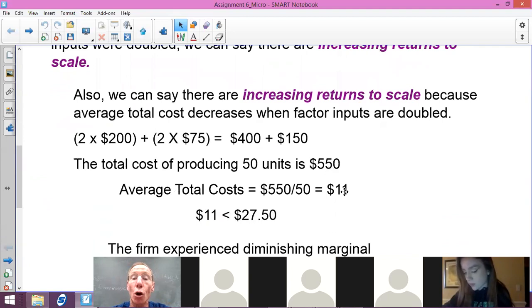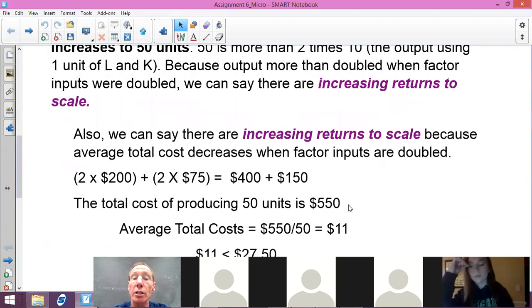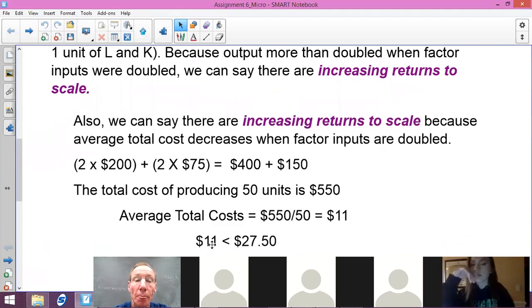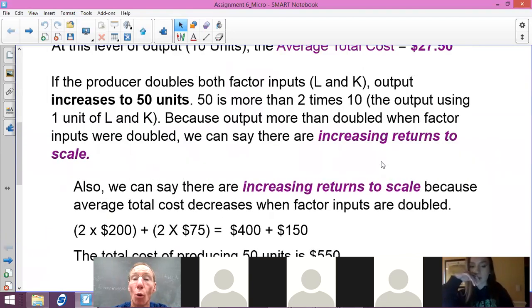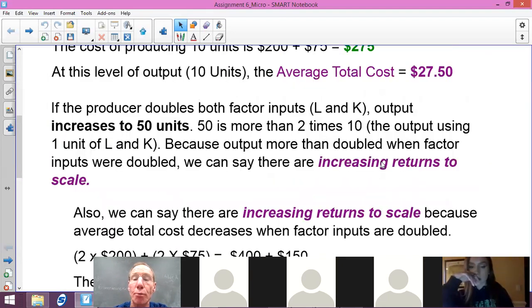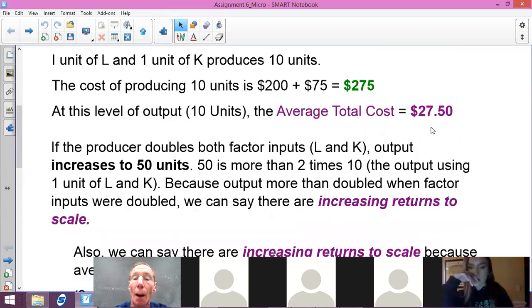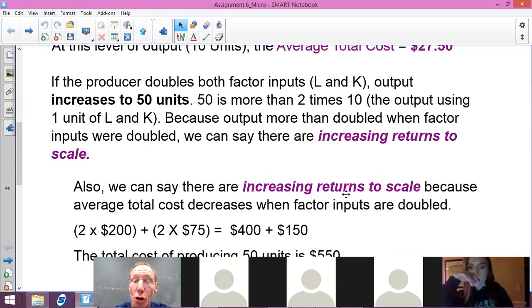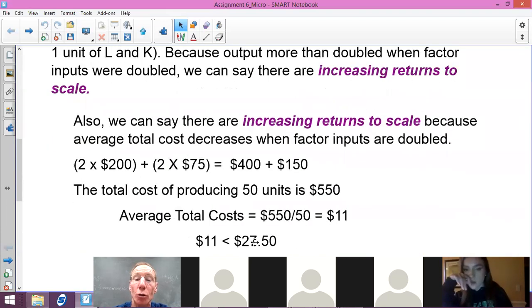So if the average total cost is decreasing as you're producing more with more factor inputs, then you could say that you're operating with increasing returns, because your cost is going down as you produce more.